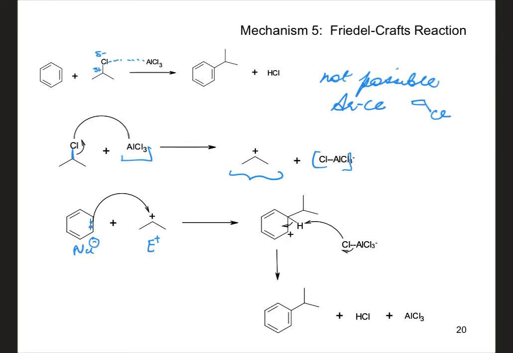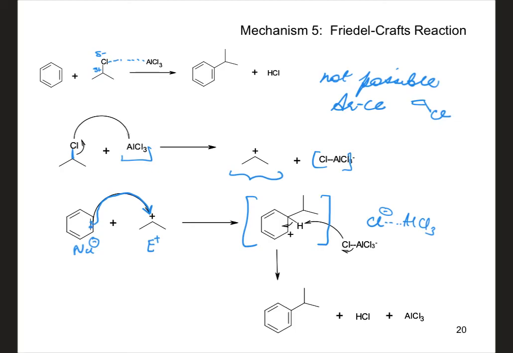Your two electrons are going to go from your benzene onto the positive charge, and that's going to generate the formation of your intermediate, right? And so the negative end of the molecule from the AlCl4, so it's essentially again a coordinated species, and since AlCl3 is a catalyst, it's going to get regenerated at the end of the day.